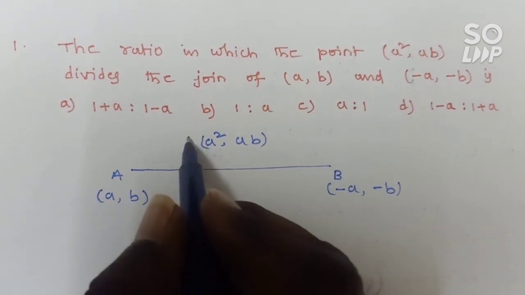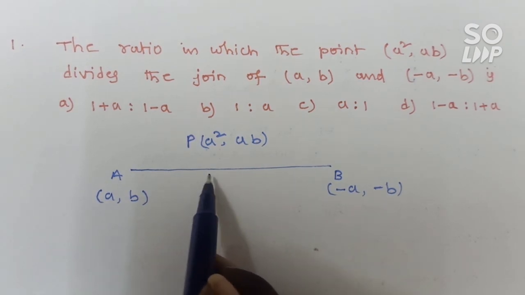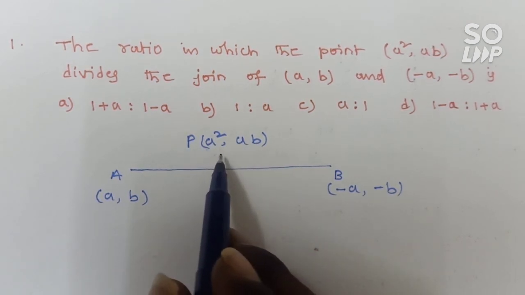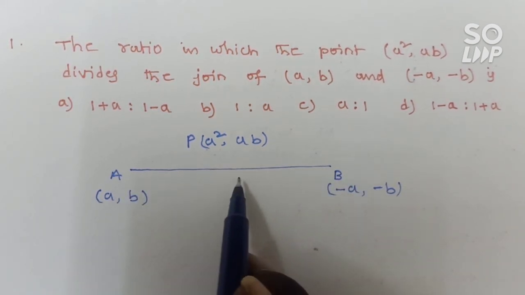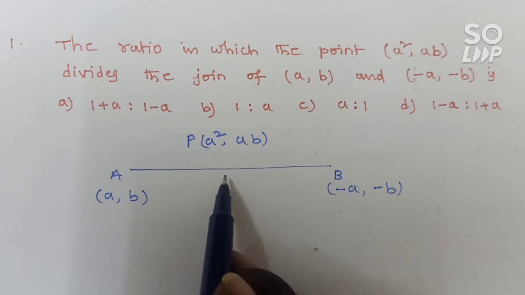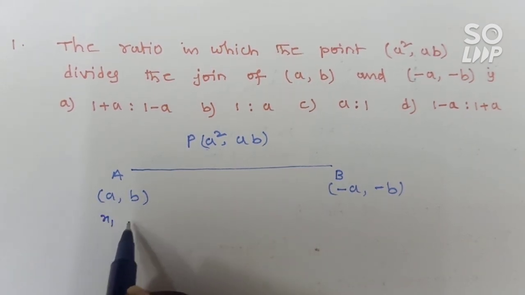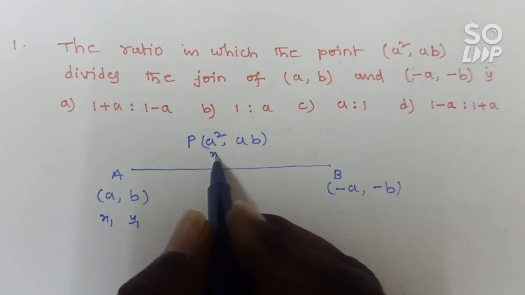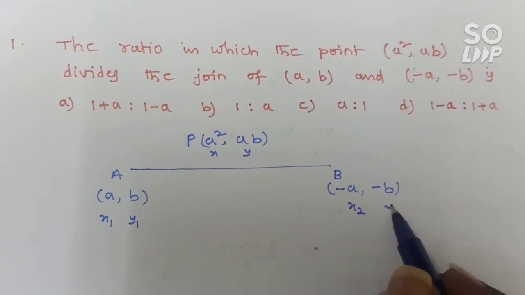Now you take this point as P, and before that you don't write the position of P. So you cannot say before finding the ratio whether this point divides AB internally or externally in a certain ratio. So first of all you find this. Let this be x1 comma y1, the point which divides be x comma y, and this one x2 comma y2.